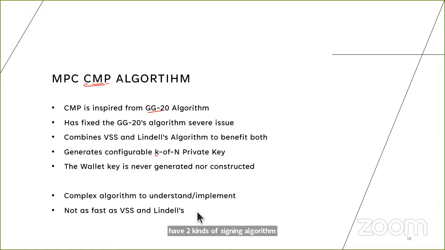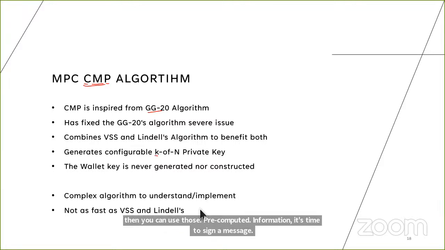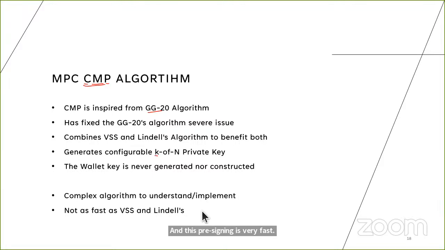The regular signing algorithm is very slow, but they have a pre-sign algorithm where you do some computation beforehand, and then you can use that pre-computed information each time to sign a message. And this pre-signing is very fast, as fast as VSS or Lindell.